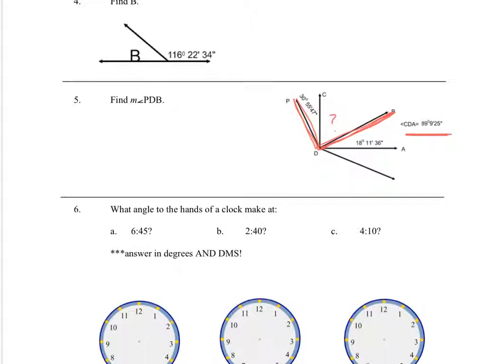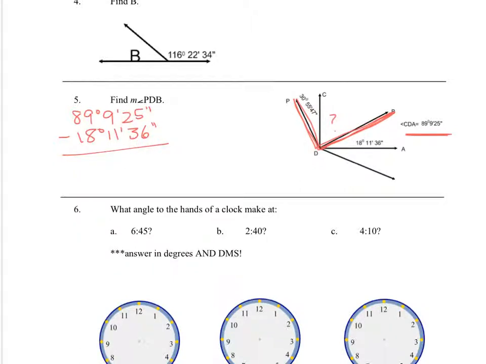So let's do that. We have 89 degrees, 9 minutes, 25 seconds, and we are going to subtract 18 degrees, 11 minutes, 36 seconds. Okay, now notice again, we can't take 36 from 25.